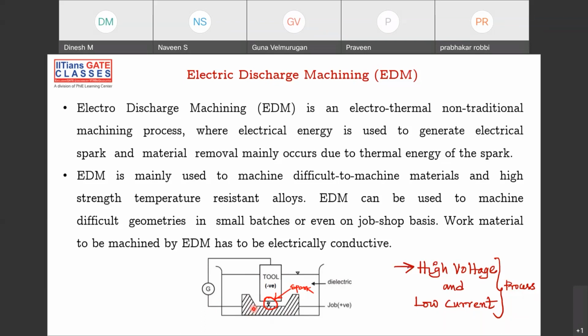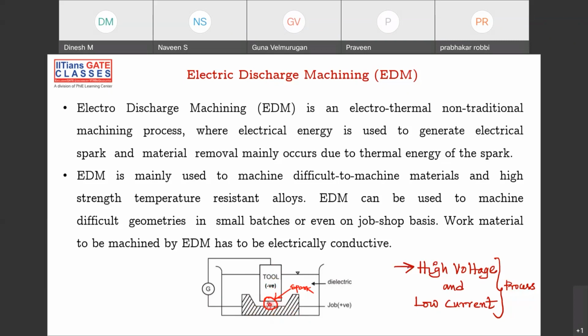As the tool is given the negative terminal and the workpiece the positive terminal, the electrons will try to pass from negative to positive.